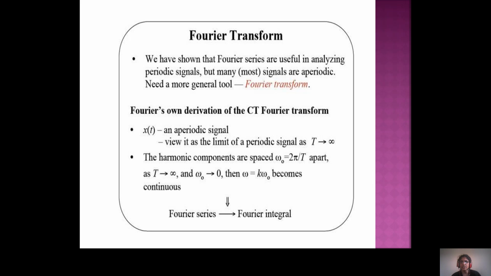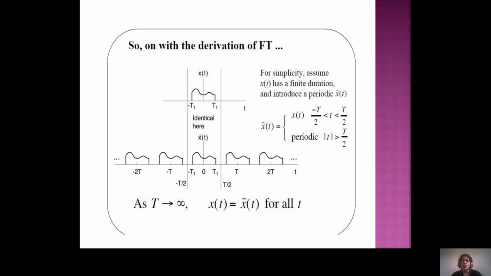So for the derivation of the Fourier transform, for simplicity assume x of t has a finite duration. To introduce the periodic signal, x tilde of t equals x of t in the interval minus T by 2 less than t less than T by 2, and the periodic extension outside, where the magnitude of t is greater than T by 2.